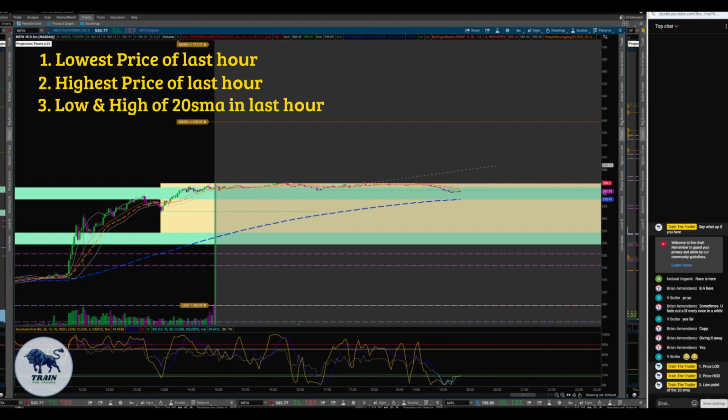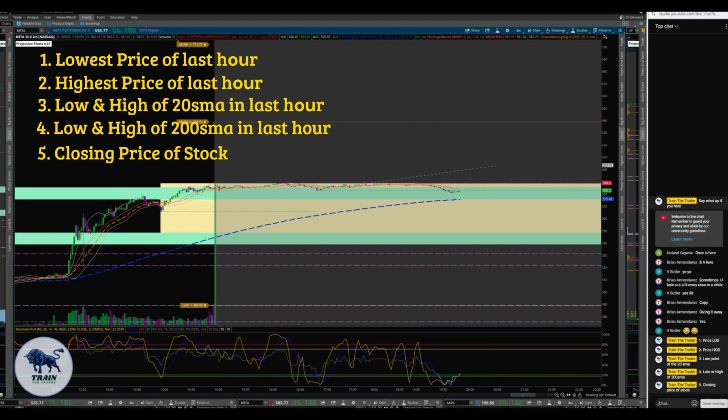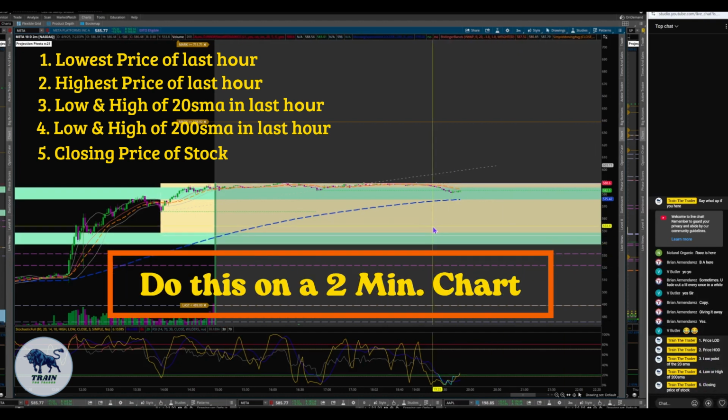Then we have the low or high of the 200 SMA. And number 5 is the closing price of the stock. So those are the 5 points that I'm marking when I create this box.